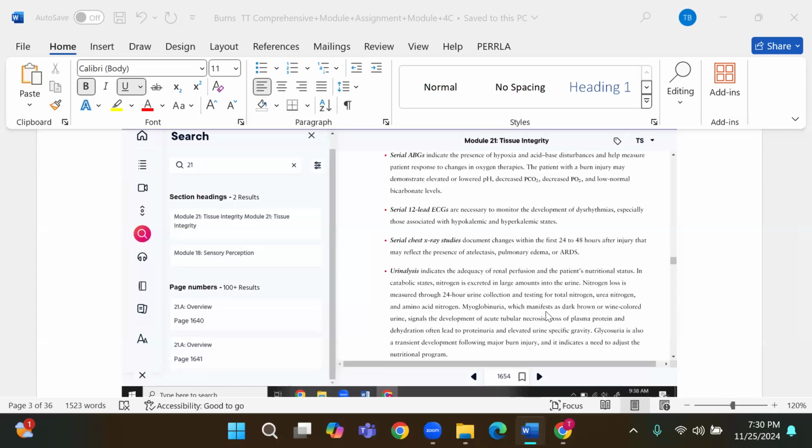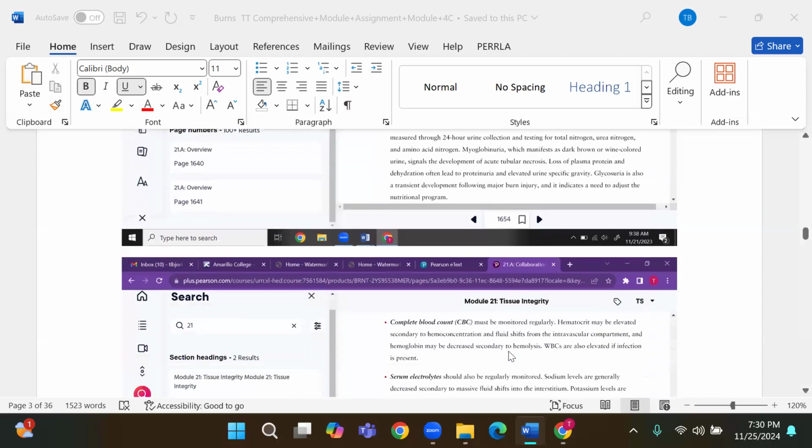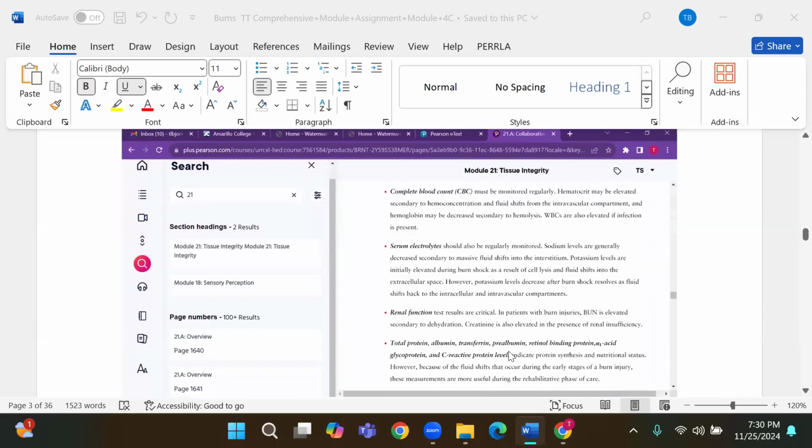It says myoglobinuria, which manifests as dark brown or wine-colored urine, signals the development of acute tubular necrosis. And then it says glycosuria is also a transient development, which means they may see increased sugar in the urine. So those might be important there.